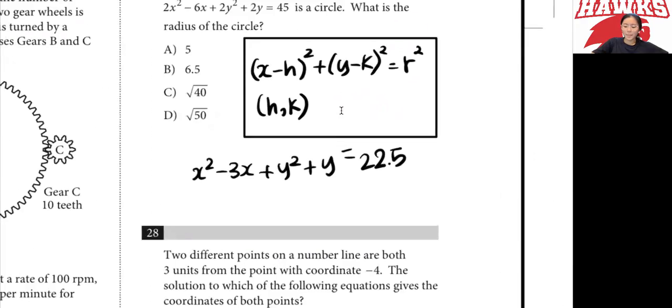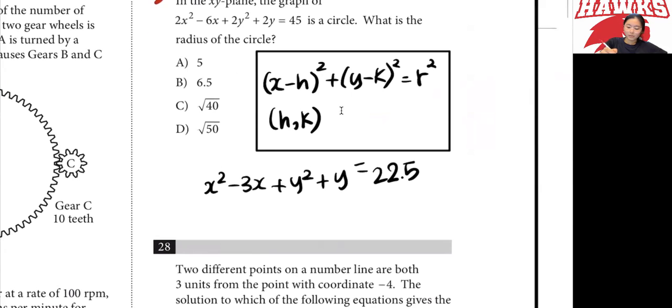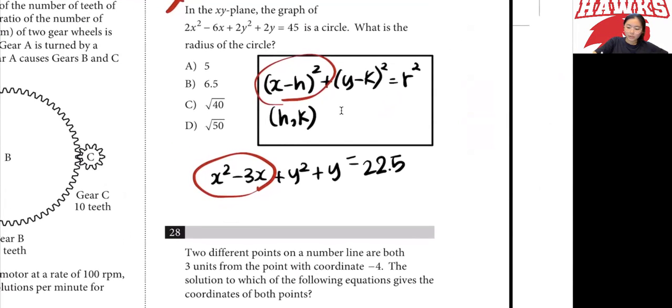So now we can factor it out. And how would we do that? Well, you kind of need to think in reverse. Imagine this part right here, we're dealing with x's, so it's going to be the x minus h squared portion of the equation. So we put x, because we don't want an exponent there.